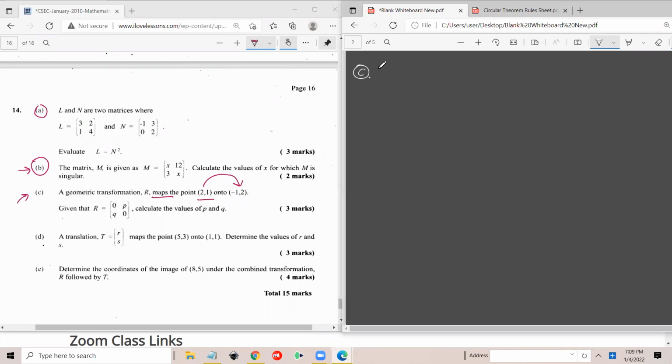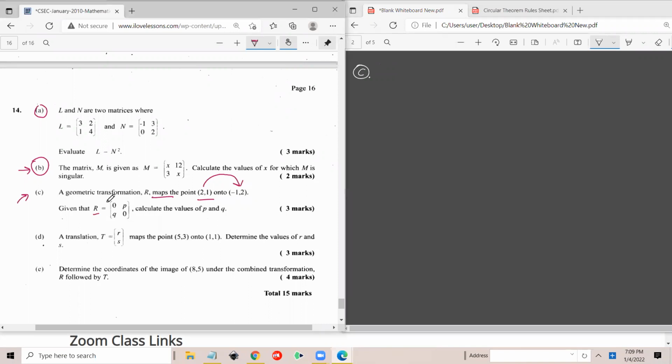Part C. A geometric transformation. Don't let the word geometric get to you. It's just a transformation. It maps the point 2, 1 to minus 1, 2. And the matrix C is what? So this is what they are trying to say.